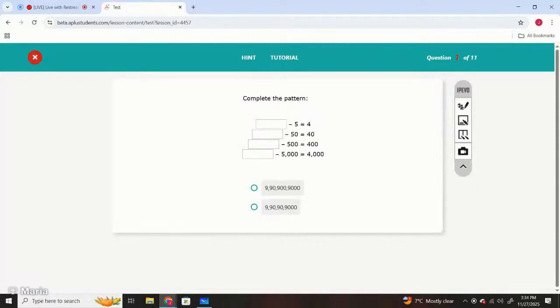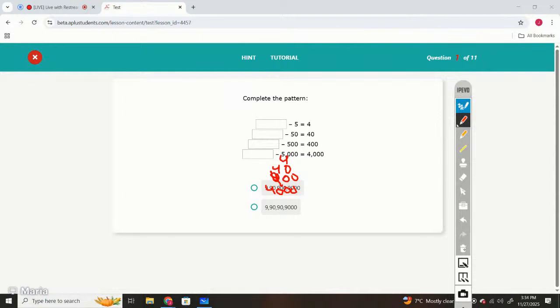Complete the pattern. So what number minus 5 is 4? Which is the correct option?